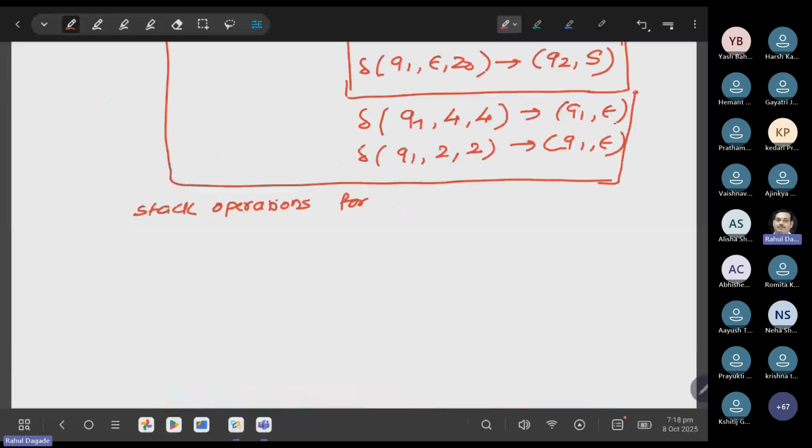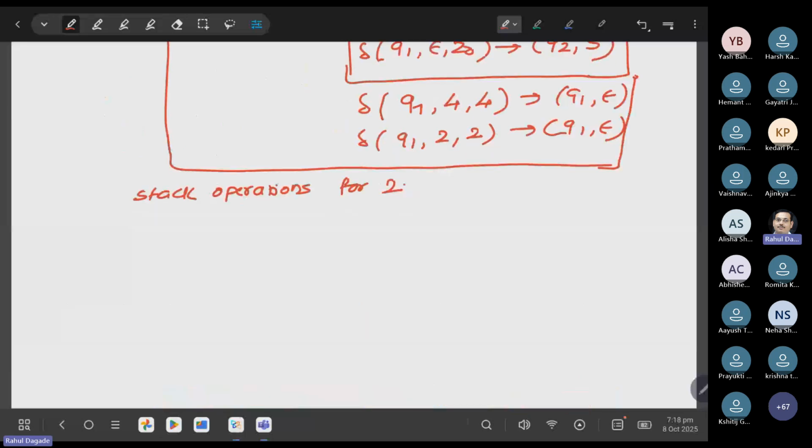Okay. So now here we have the state, then input, then stack, and finally the operation.